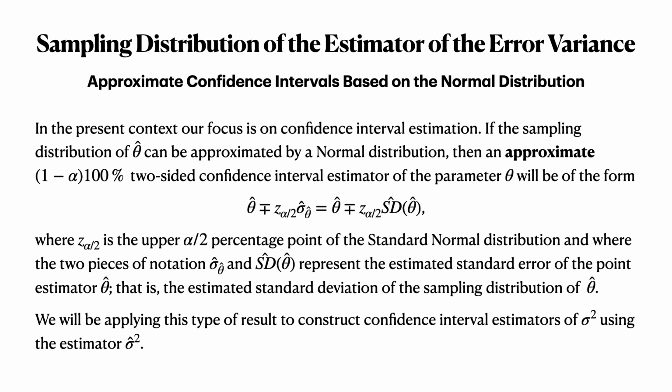That is, the estimated standard deviation of the sampling distribution of theta hat. Now we're going to be applying this general type of result to construct confidence interval estimators of sigma squared using the estimator sigma hat squared.